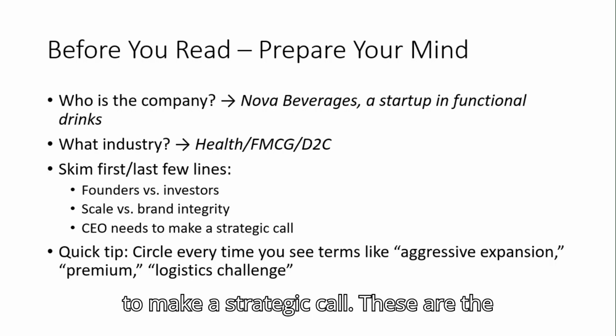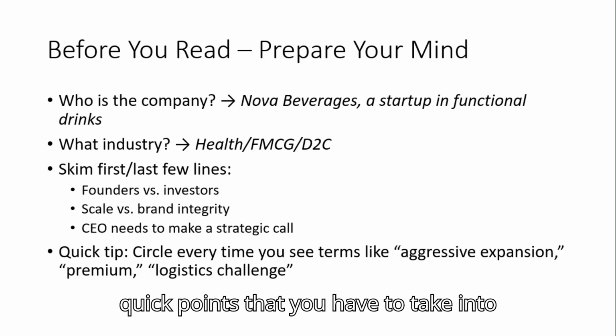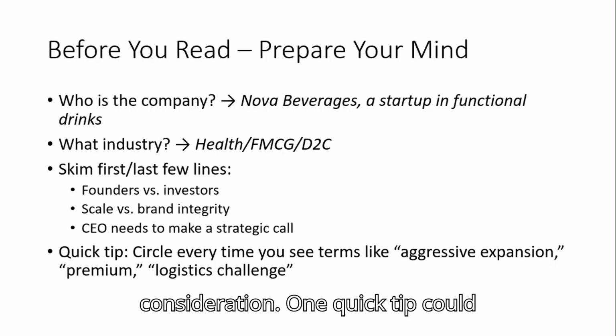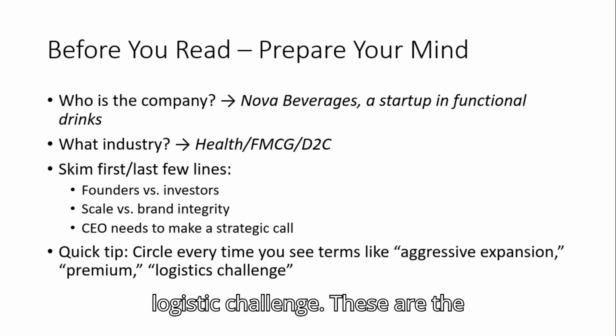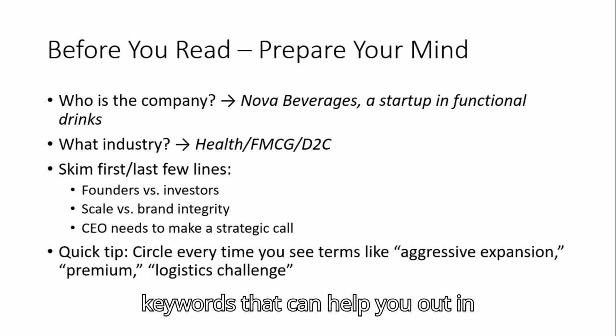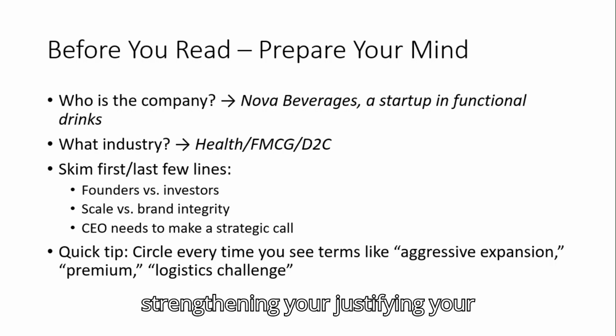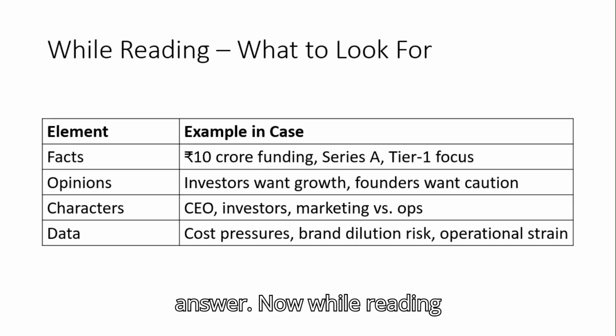The CEO needs to make a strategic call. These are the quick points you have to take into consideration. One quick tip could be to circle every time you see terms like aggressive expansion, premium, logistic challenge. These are the keywords that can help you in strengthening and justifying your answer.